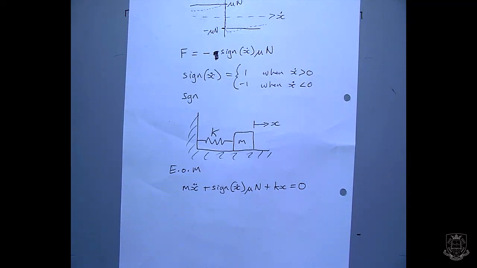We have the inertia term, m x double dot, to start with. Then we have the damping term, which in this case is a frictional term, sign of x dot times mu times N. And then we have the spring stiffness term, the restoring force kx. And then the right hand side is equal to 0.